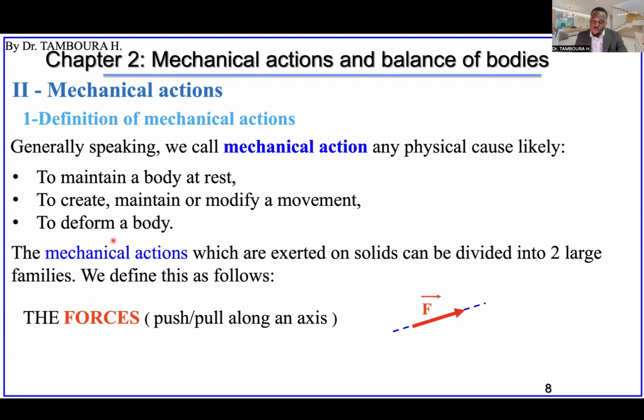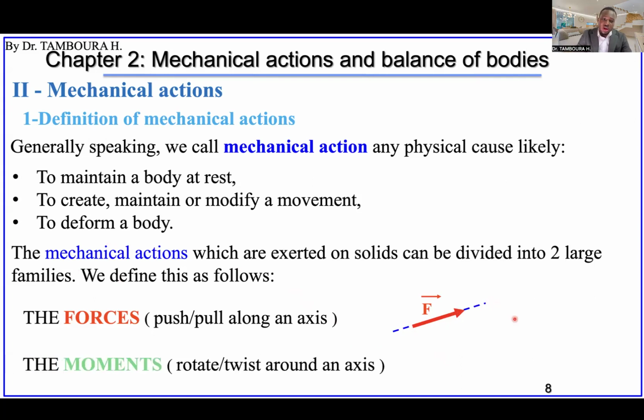This means pushing or pulling along an axis, and the representation is something like that. This is the first big family. The second big family is moments. The moment is like rotation or twisting around an axis. That is moment. Okay, so we will try to see a few examples in each family.